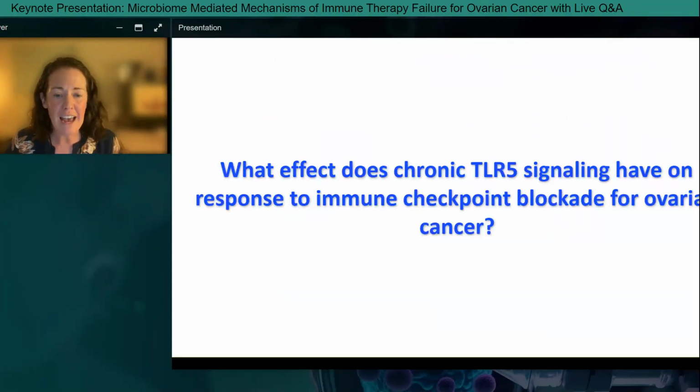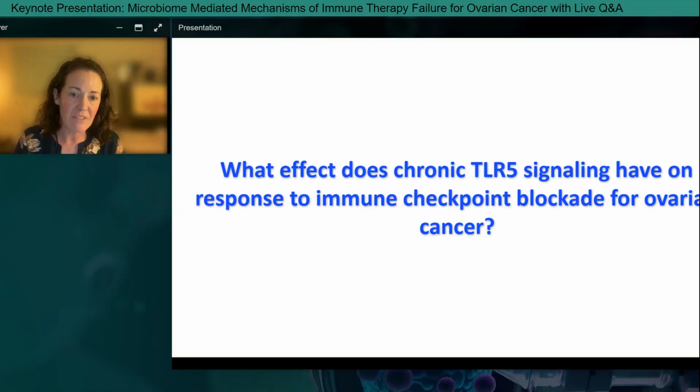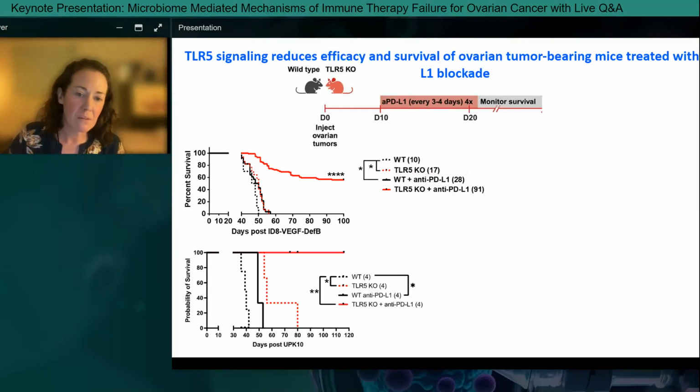And so we wanted to ask, what effect does TLR5 signaling actually have on response to immune checkpoint blockade for ovarian cancer? As I mentioned before, trials have really indicated a very poor and dismal response to checkpoint blockade. And so we used two orthotopic models where we transplant the tumors into the tumor microenvironment, very much recapitulating stage 3 advanced stage disease.